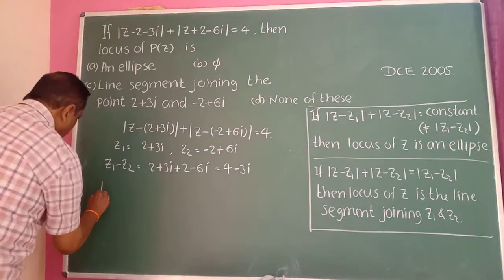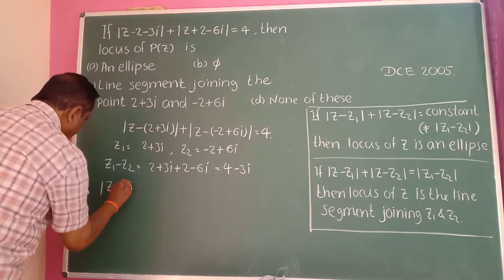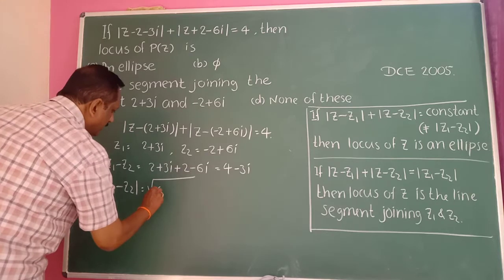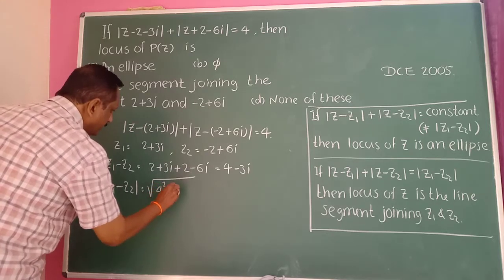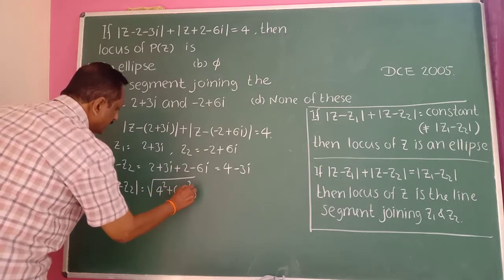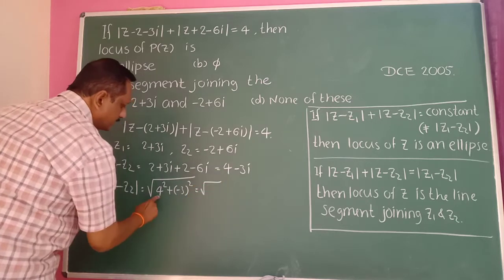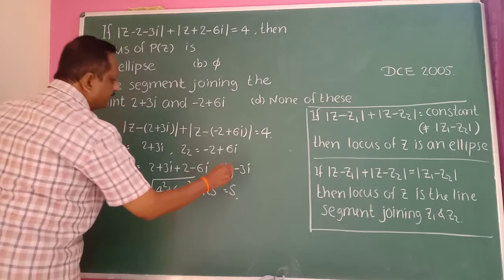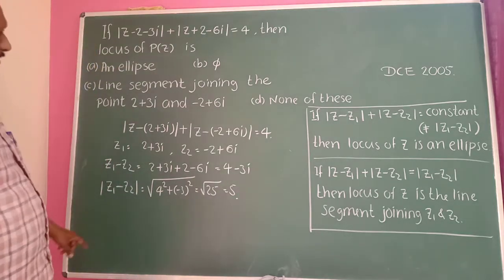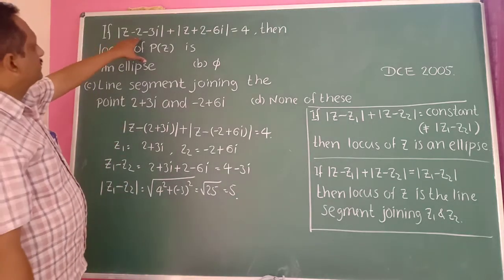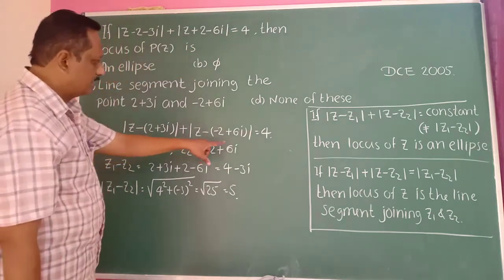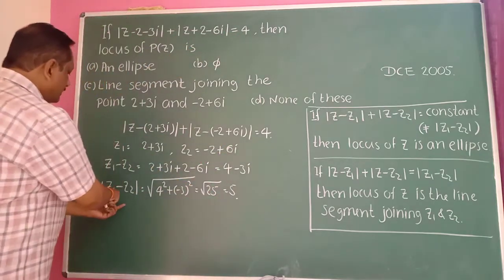Then take modulus of z1 minus z2, which is the root of 4 square plus minus 3 square. We get 16 plus 9 is 25, and the square root of 25 is 5. So according to this result, the sum of these two is given as 4, but modulus of z1 minus z2 is 5.